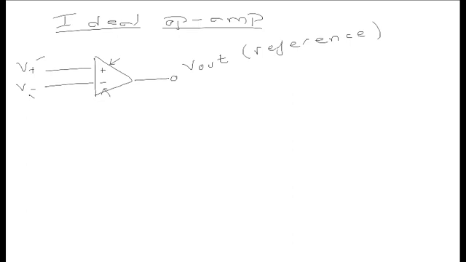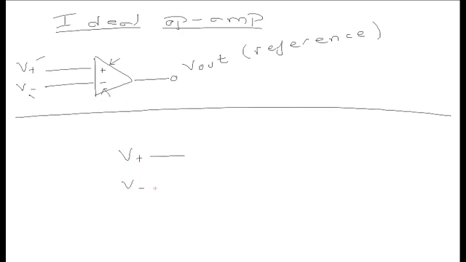The more detailed way is to include two more terminals called V upper and V lower, or V supply. We begin in the same way. We have two input terminals designated plus and minus, and one output, V out.